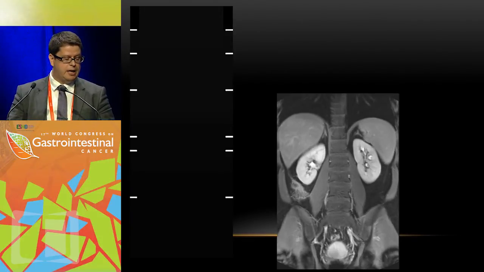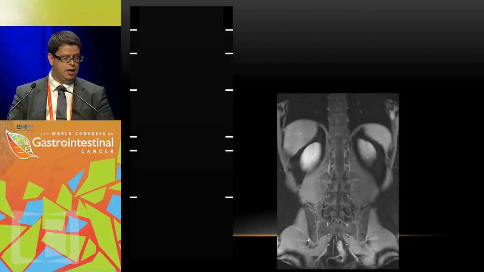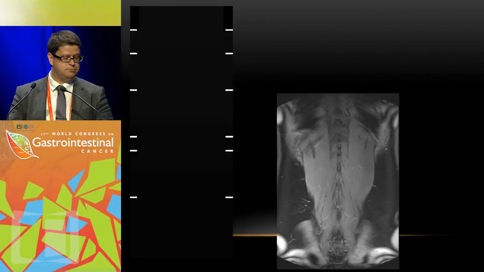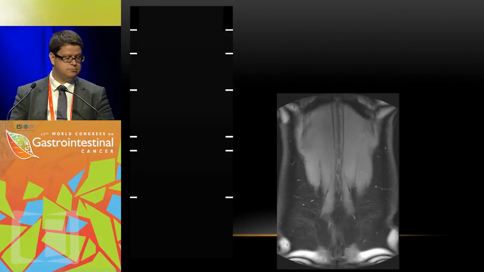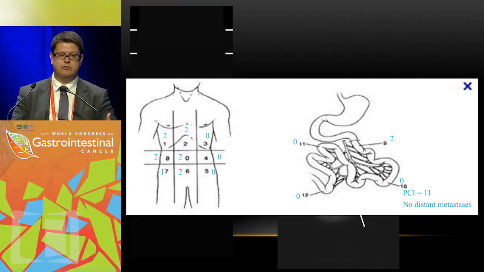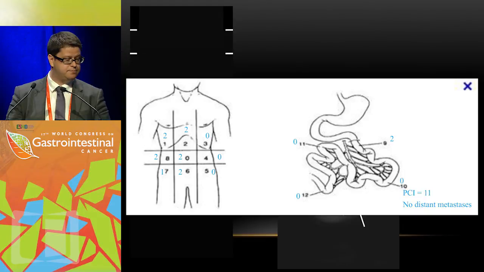But overall, what we add to the report in this patient is the peritoneal cancer index score, which is 11, and no distant metastasis. And this information is given to the surgeon. So in this patient, debulking and HIPEC was performed and an R0 resection was obtained.